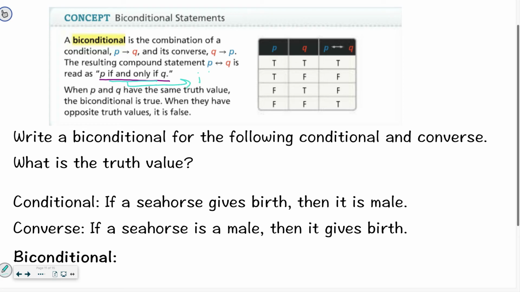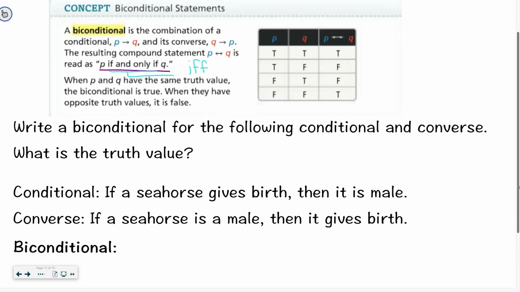Instead of writing if and only if, you can write I, F, F. However, if you're going to use this, make sure you don't forget that second F, because if you're talking about a biconditional and you just write IF, I'm going to mark it wrong. You need that second F for an if and only if. Same thing goes for if we're talking about just a regular conditional and you use IFF, I'm going to mark it wrong. So be careful with that usage if you plan on using that little shortcut.